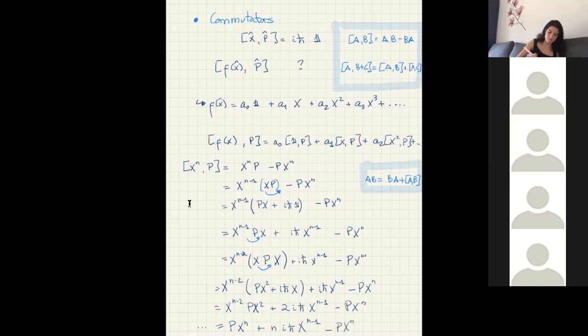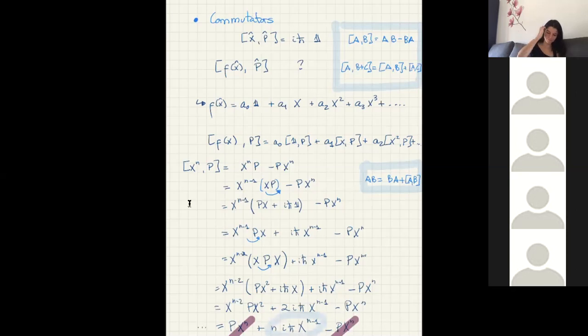And then these two cancel, so we get just this term here. Just this term survives.